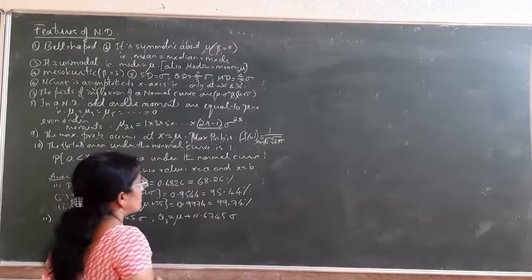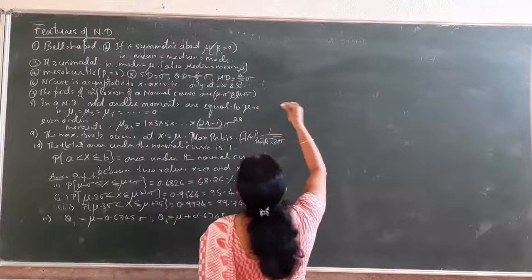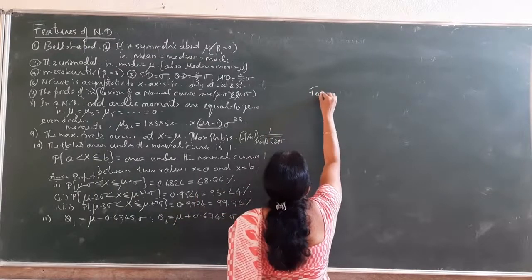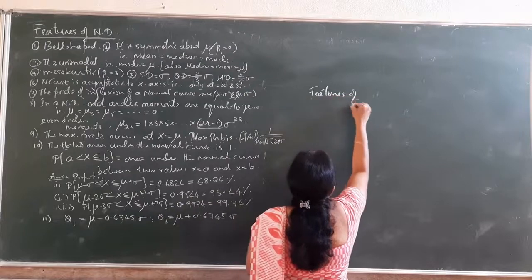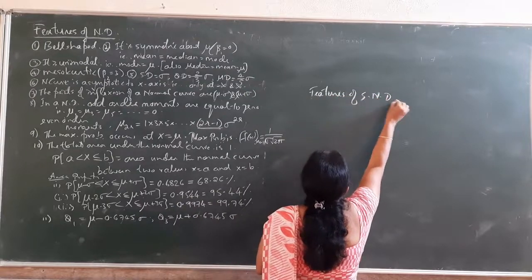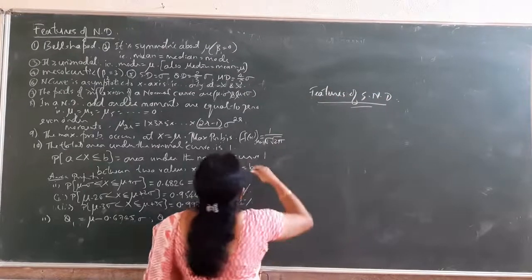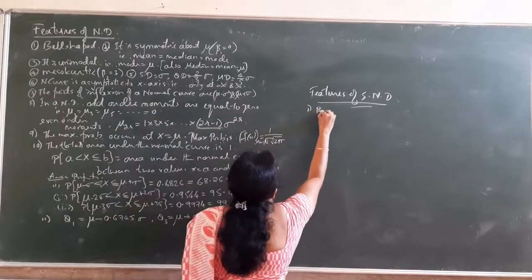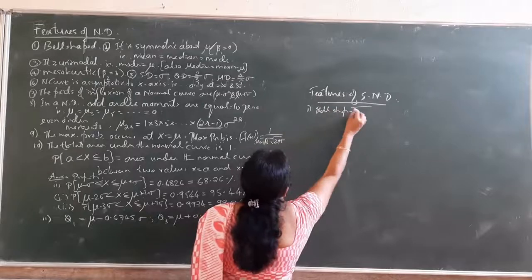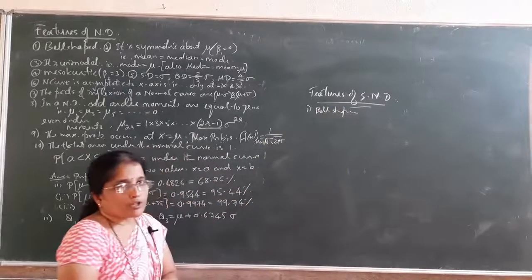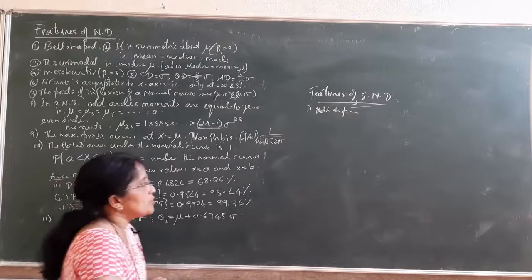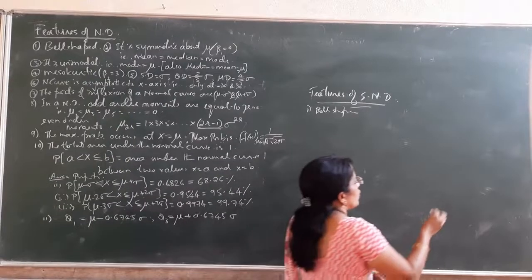Now, first, for example, see the first feature of a normal distribution. Here I am going to write features of standard normal distribution. Let us see one by one. First one, it is a bell shaped. This is also bell shaped curve, right? Standard normal distribution is also bell shaped curve. Then it is symmetric about mu. What about standard normal curve?